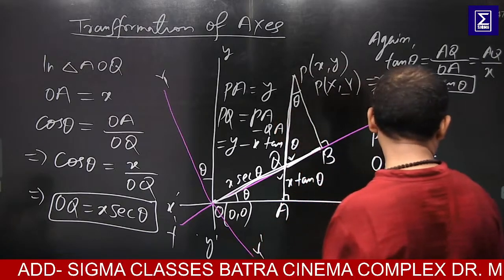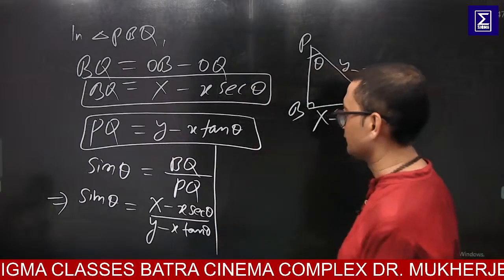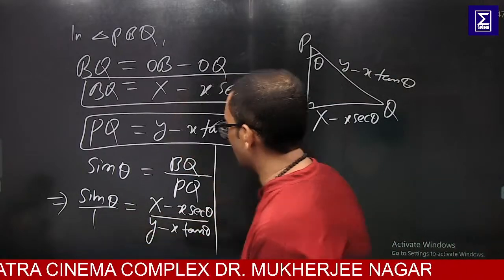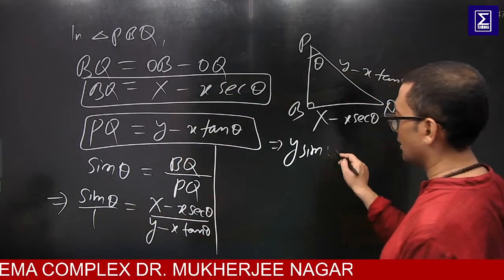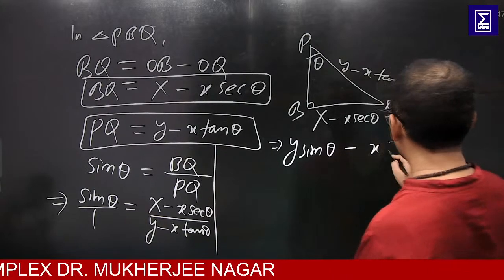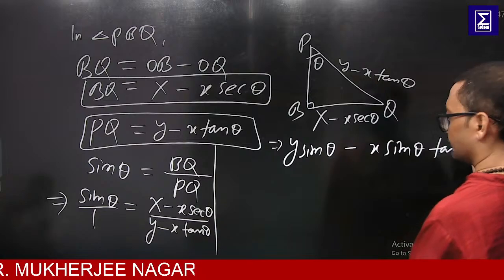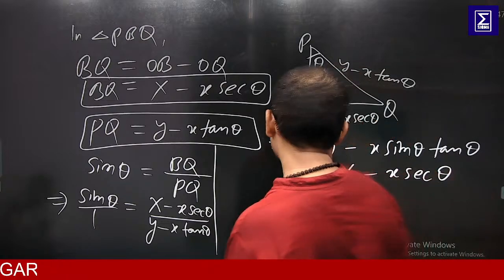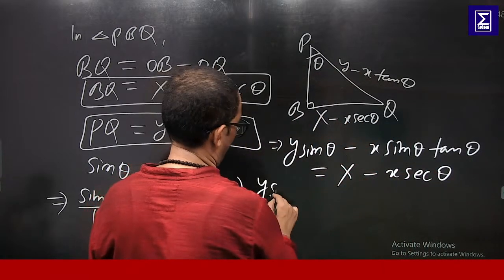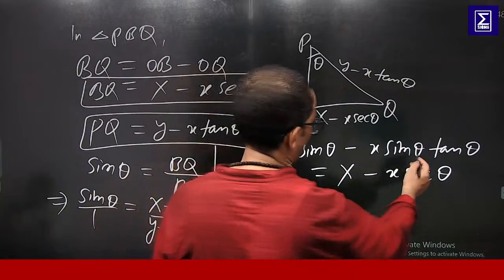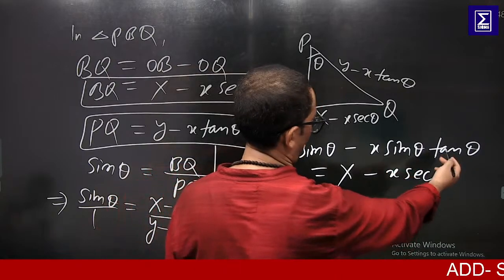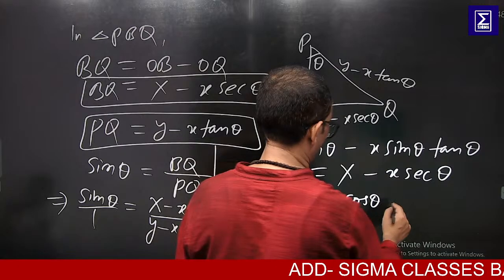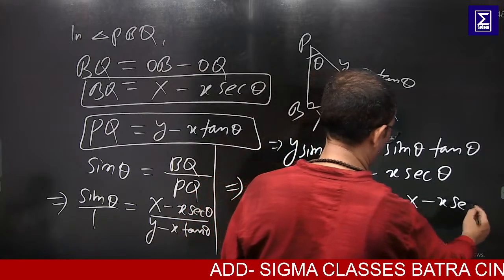Okay. So if you do the cross multiplication, here it is 1, so y sin theta minus x sin theta tan theta is equal to X minus x secant theta. And this would be y sin theta minus, this would be sin theta upon cos theta, so it would be x sin squared theta over cos theta, is equal to X minus x secant theta.